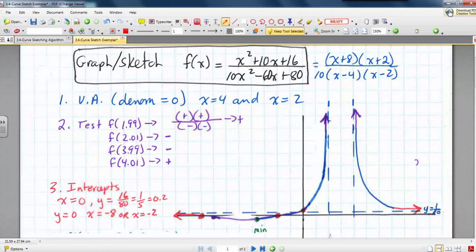And so my y-intercept is right there. When y is 0, essentially the numerator would have to be 0 for this entire expression to be 0, which means I have zeros at -8 and at -2. And so there they are, there and there.